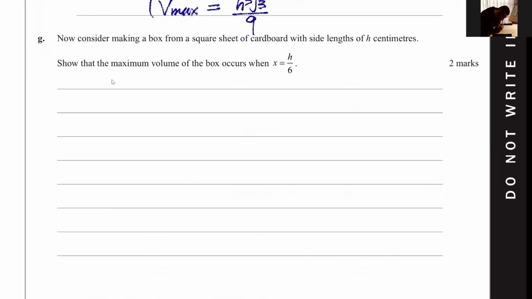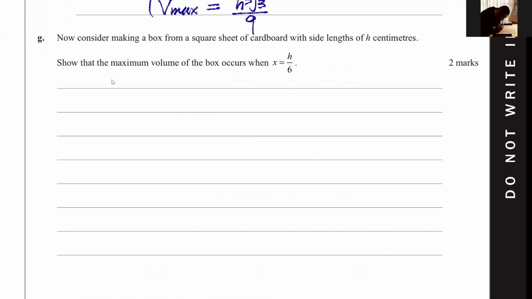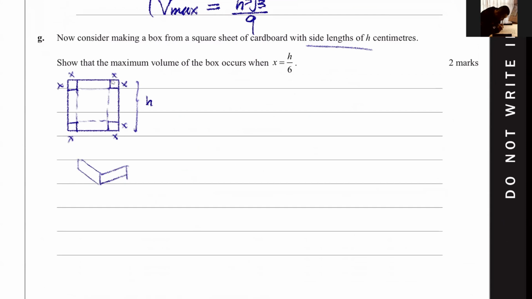Now consider making a box from a square sheet of cardboard with a side length of h. So draw a diagram. You cut in the corner x by x at each corner. Total length of each side is h. So if you fold the 4 edges, this is something you're going to form.